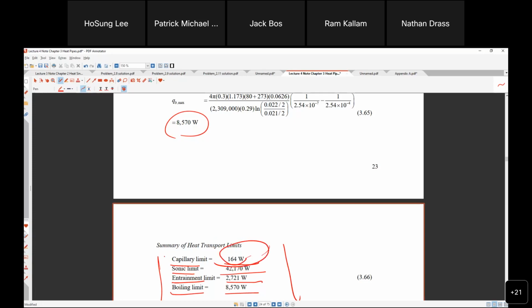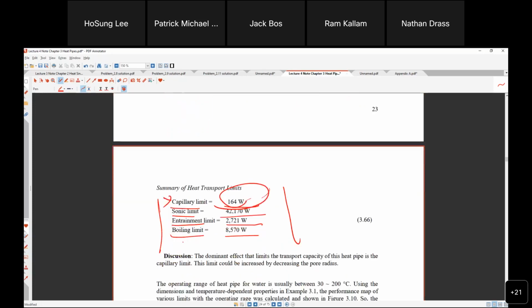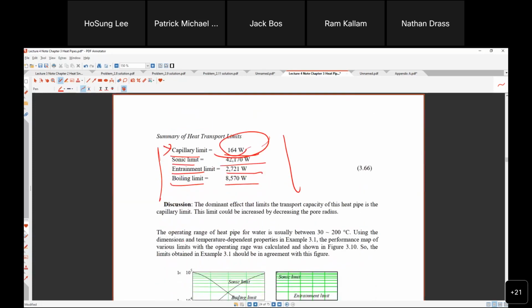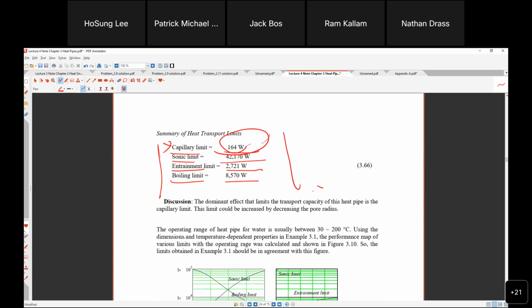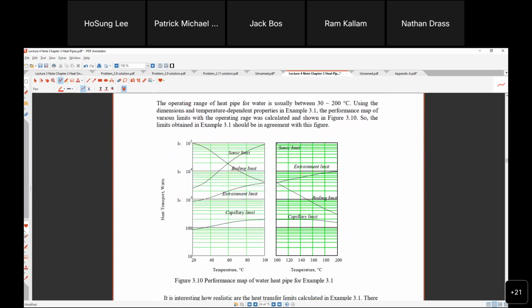That's according to the capillary. But if you design like that, that's the limit of what? The heat pipe. That's the limit of the heat pipe. We were operating at 80, so we calculated the limitation.